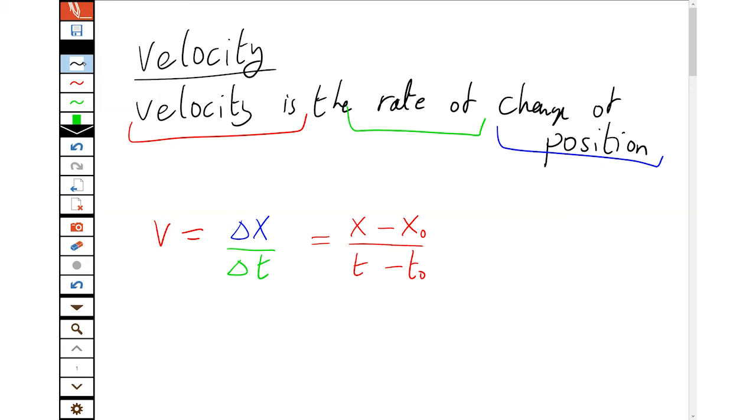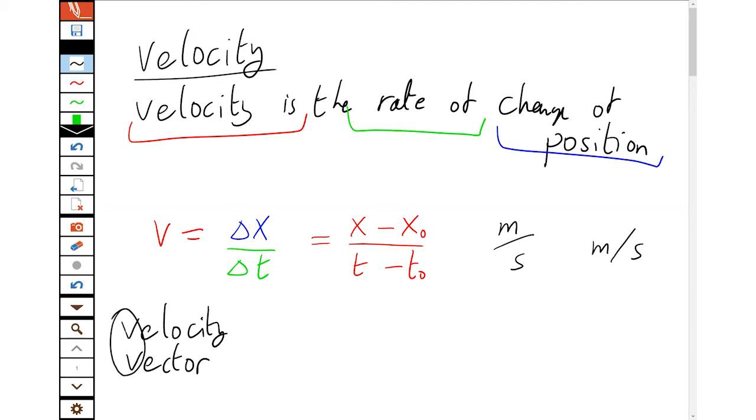Now, we know position is measured in meters and time is measured in seconds. So velocity is measured in meters per second. And remember, velocity is a vector, v. So remember, that always has to have a direction.